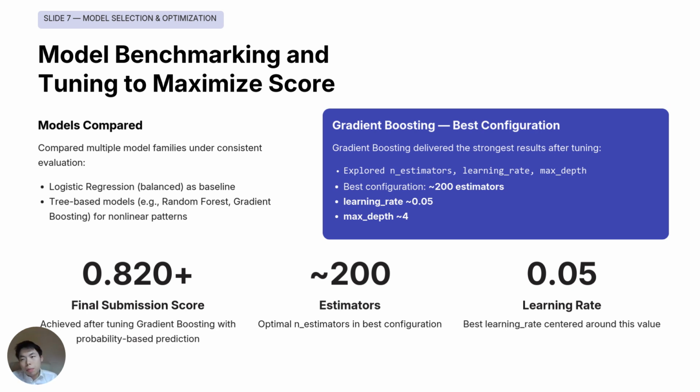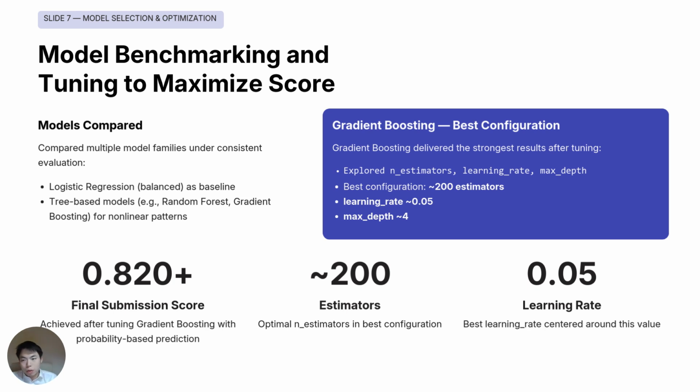Once the probability predictions were working well, I compared the models. Logistic regression was still a strong baseline, but I also tested tree-based models, as they can capture nonlinear patterns better. I evaluated models like random forest and gradient boosting, and in my experience gradient boosting performed best after tuning. I tuned key parameters such as number of trees, learning rate, and maximum depth.